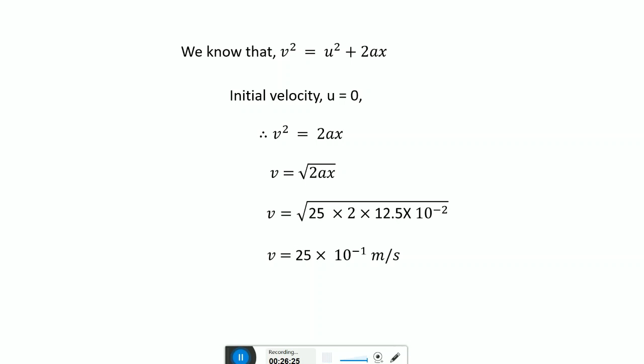So we get v is equal to 25 into 10 raised to minus 1 meter per second, that is 2.5 meter per second. So velocity or speed of the ship, that is v is equal to 2.5 meter per second.